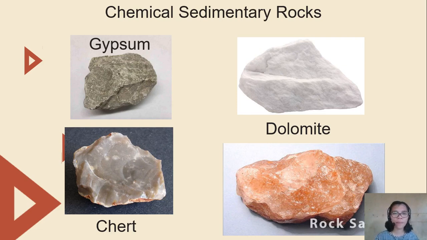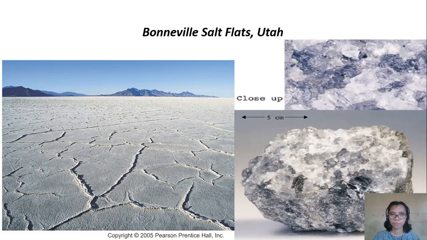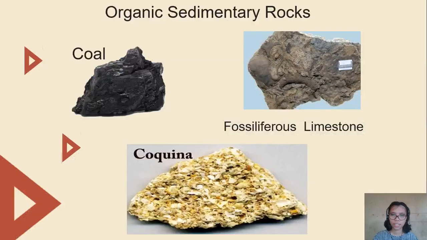For example, limestone is made up almost entirely of fragments of marine organisms that manufacture calcite for their shells and other hard parts. And most chert includes at least some of the silica tests of tiny marine organisms such as diatoms and radiolarians. So for example, we have here the Bonneville Salt Flats in Utah.